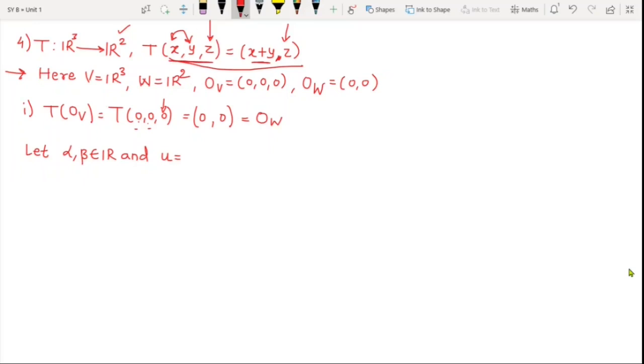So I will call u as (x, y, z), and the other element I will call (x1, y1, z1) belonging to our V, that is R3.